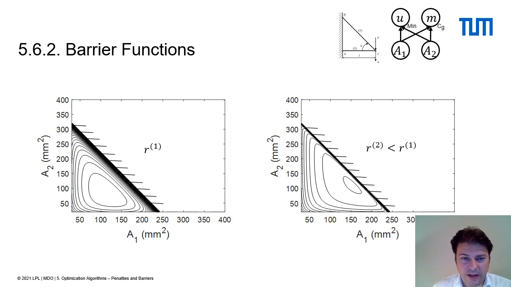So this is what it looks like in a two-dimensional setting. For a choice of an r value, the contour lines of the two-bar truss problem with A1 and A2 as design variables look like this, and then you would identify an iteration result here. Then you would make your r a little smaller, and you move towards the boundary of the feasible domain.